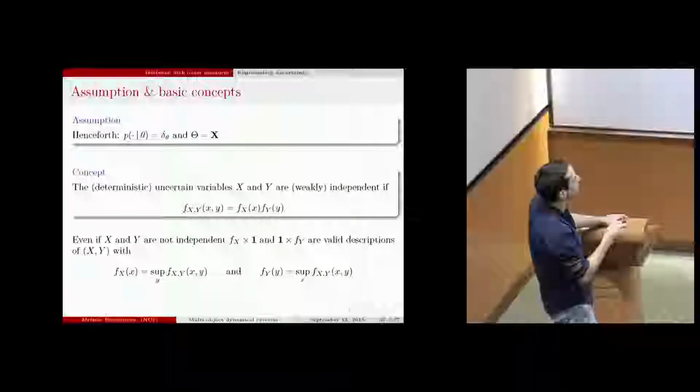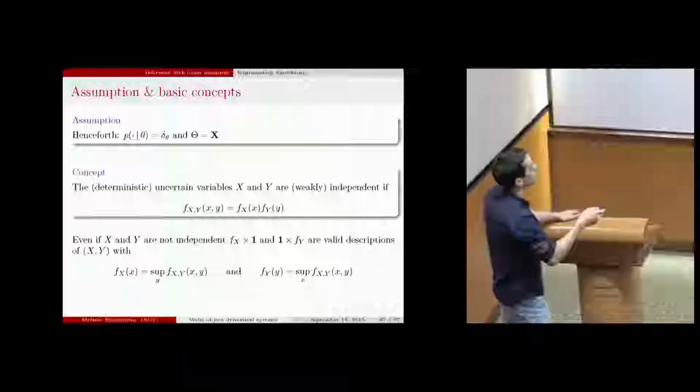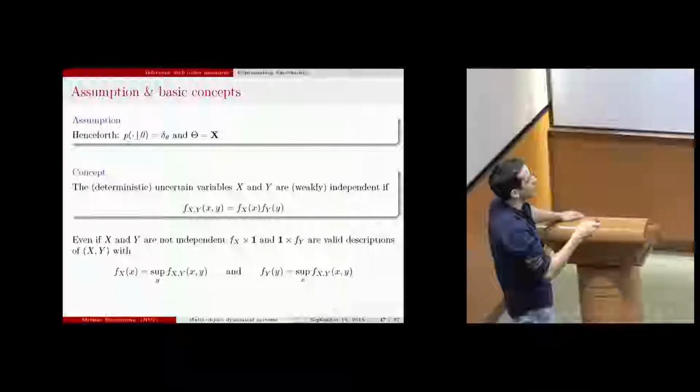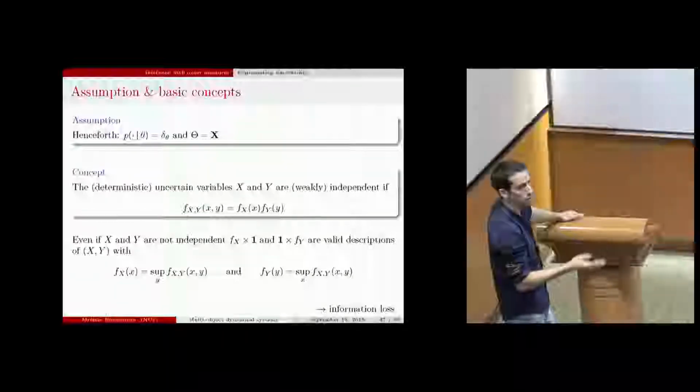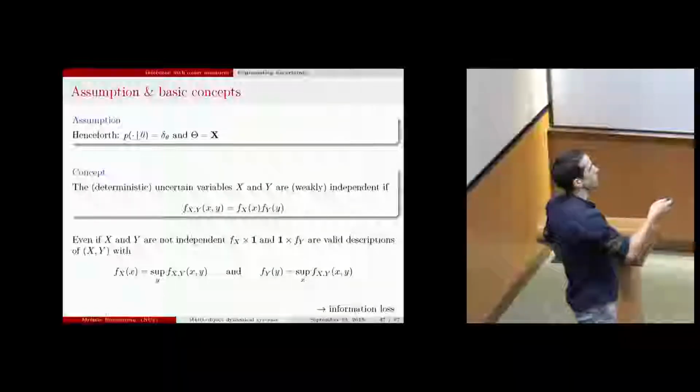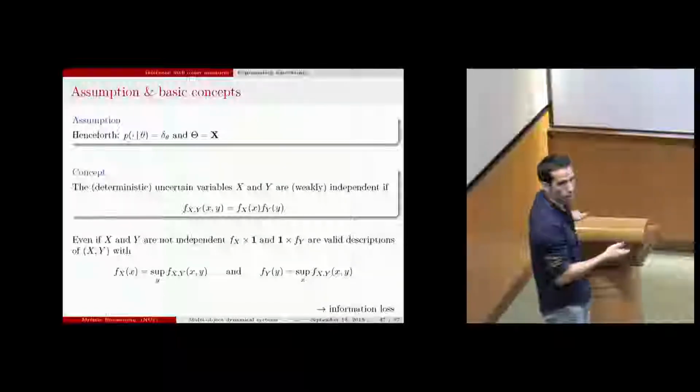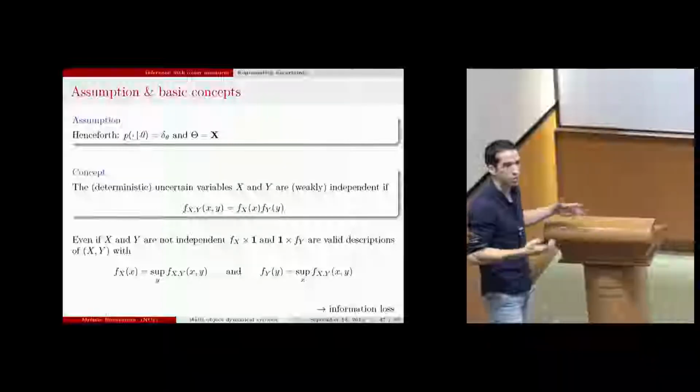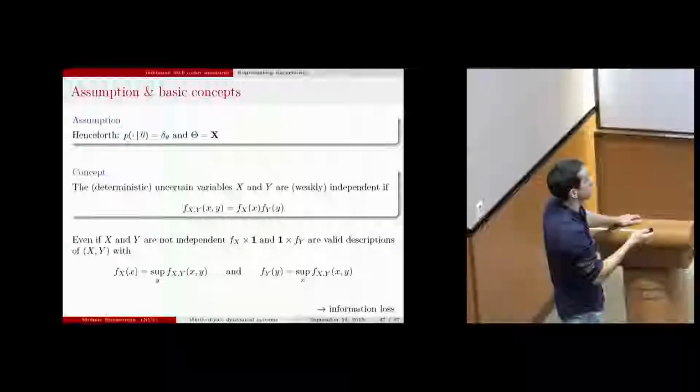But I can take the marginal over x, and now I claim that I know nothing about y. This is still a valid representation. I've lost information if I do this, if I marginalize and say I don't know anything about the other variable. But if this makes my life simpler later, that's still valid. I've just decided to lose information.